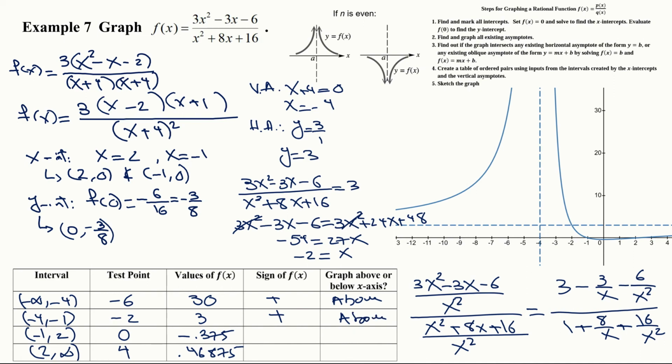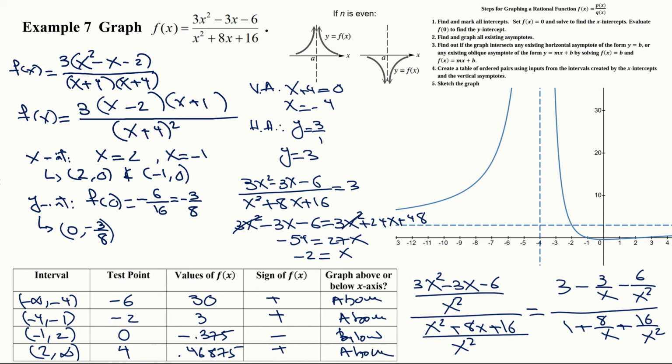Between -1 and 2, the sign is negative, so it's going to be below. And from 2 onward, because the 4 is just our test point, we're looking at the interval 2 to infinity. So it's going to be positive, so that means it's going to be above again.